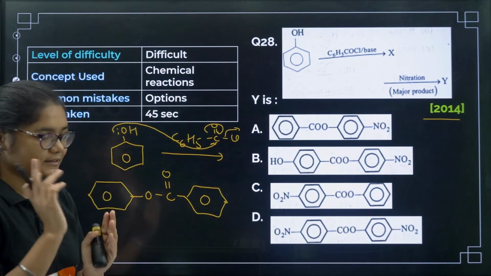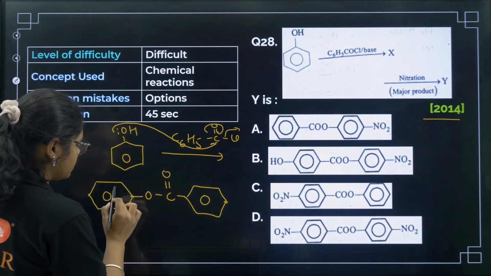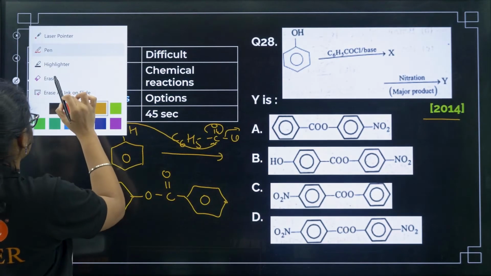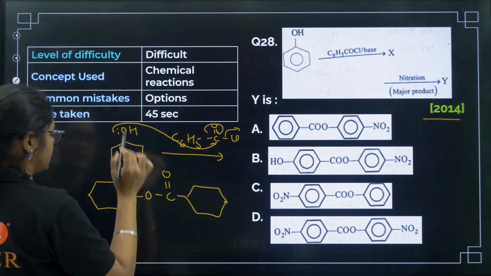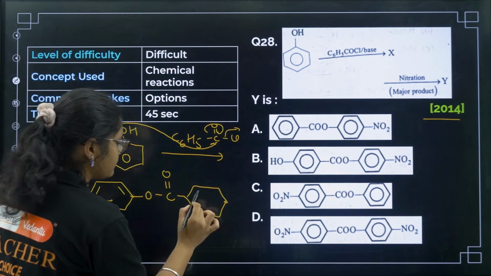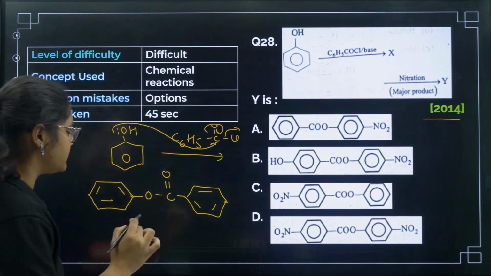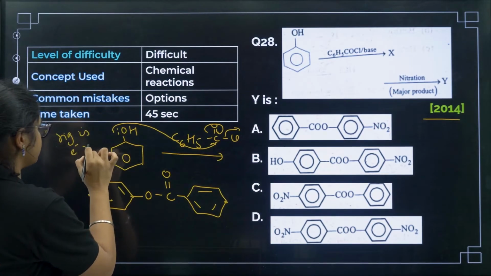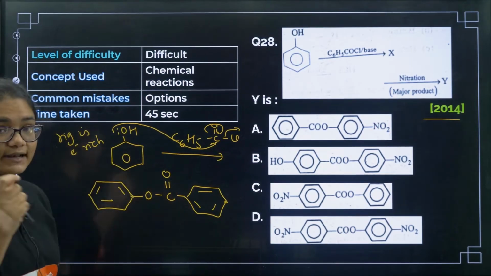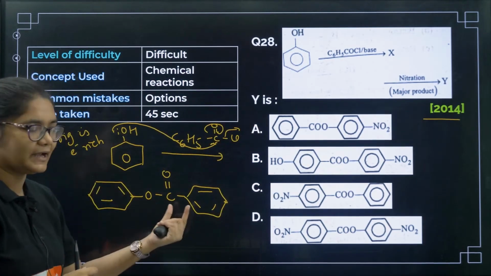Now here is the thing that you should be very careful about. Nitration is electrophilic substitution, that means whichever ring is more nucleophilic, whichever ring is electron rich, there the nitration will happen, or the NO2 group will attach there.